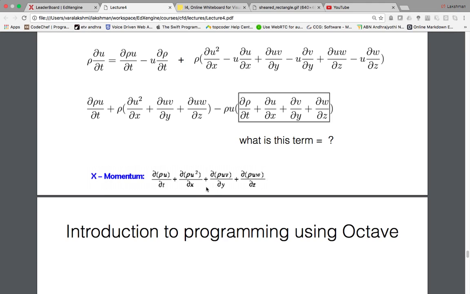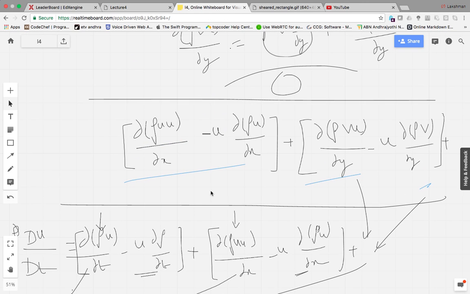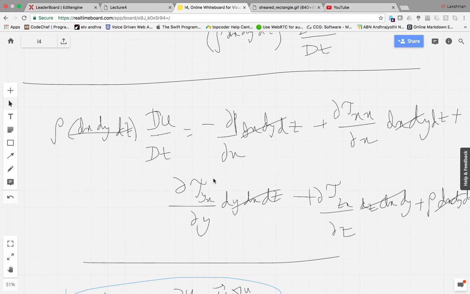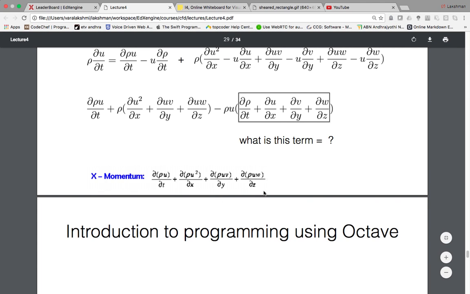This is the left hand side of the x momentum equation. This is not the x momentum equation itself, and the right hand side is whatever we derived above: the pressure term, shear stress tensor, and the body forces. So this is the complete derivation of the x momentum equation.